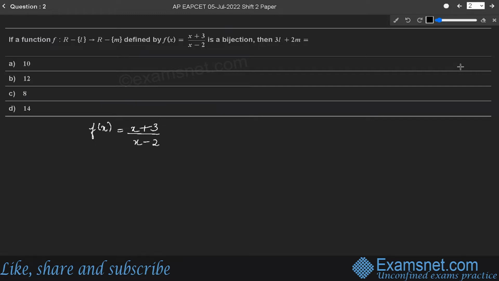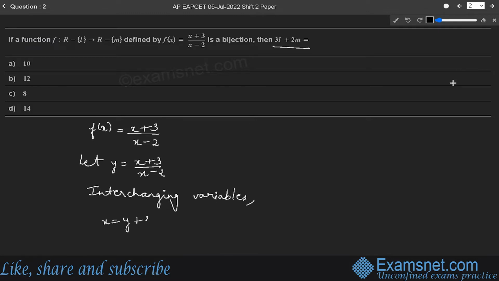We have to find the value for 3L plus 2M. Let y is equal to x plus 3 upon x minus 2. On interchanging the variables, this equation becomes x is equal to y plus 3 divided by y minus 2. We have interchanged the variables here.